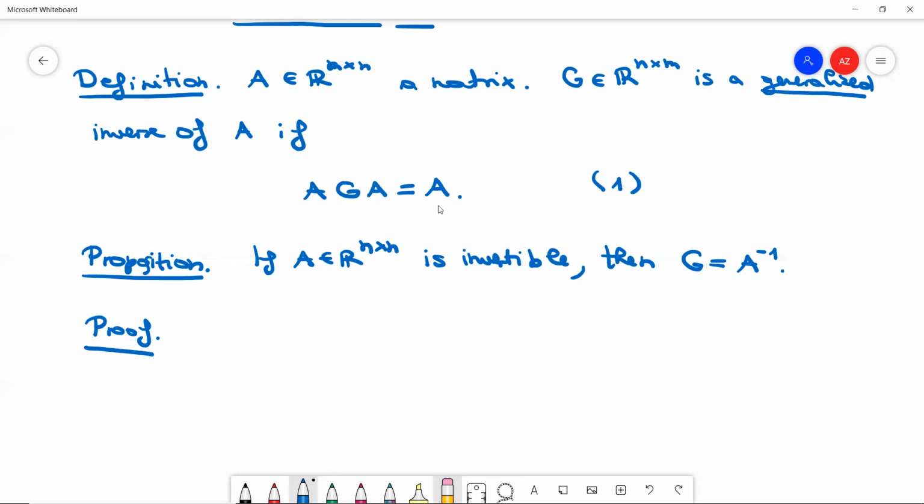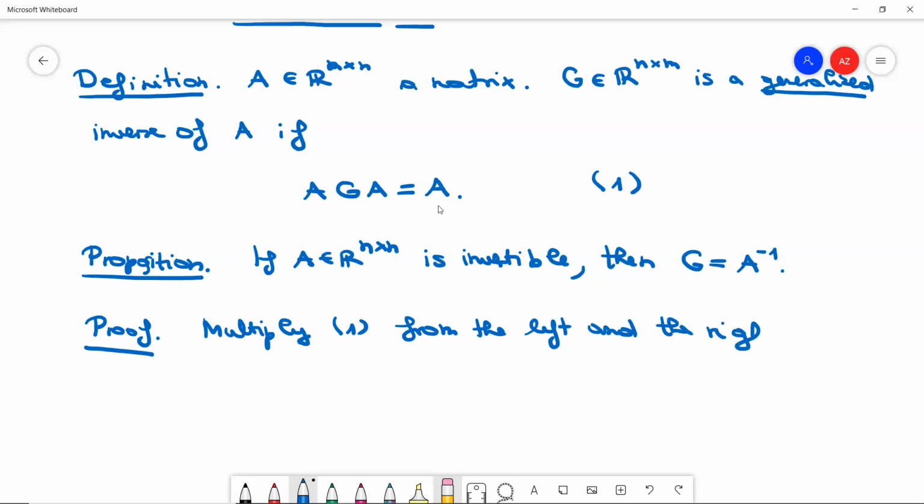So we just multiply (1) from the left side and the right side by A inverse, and get A inverse A G A A inverse.